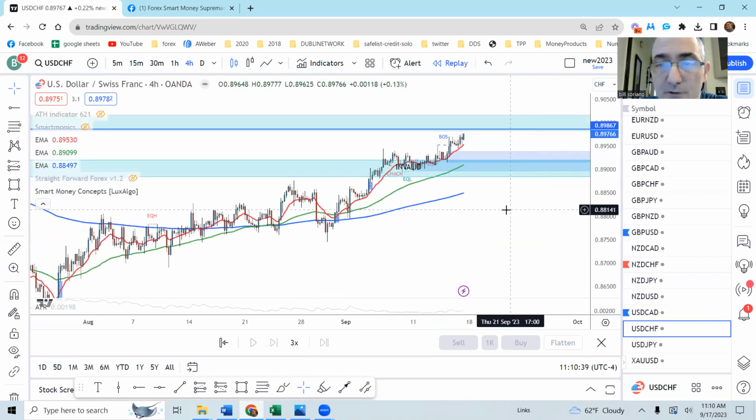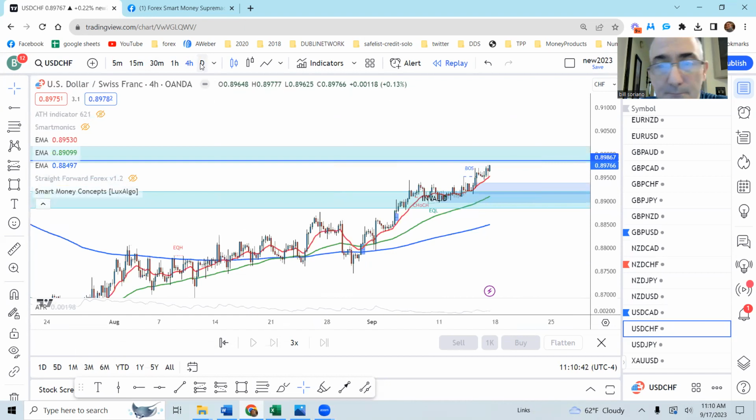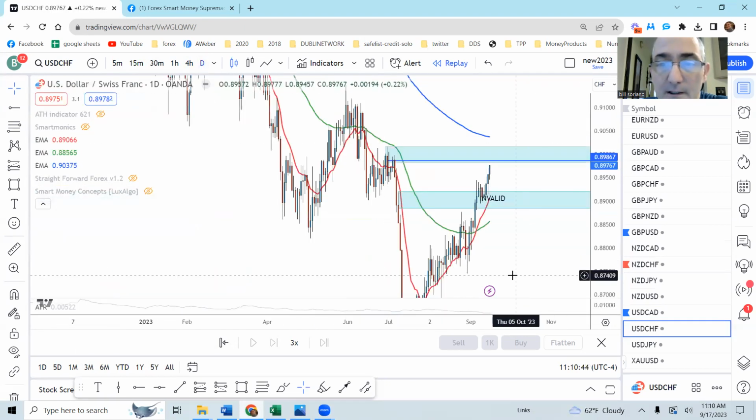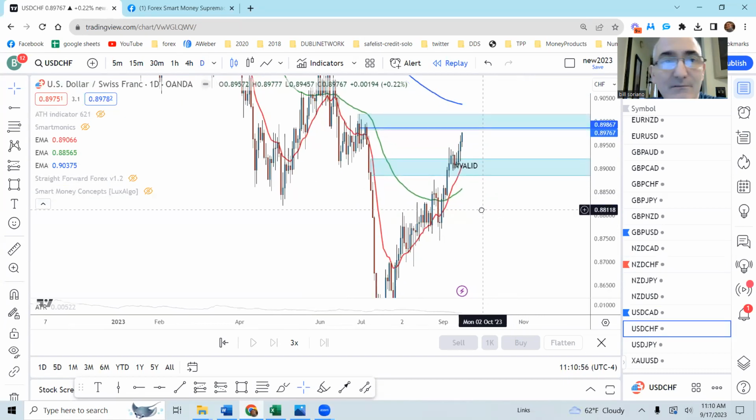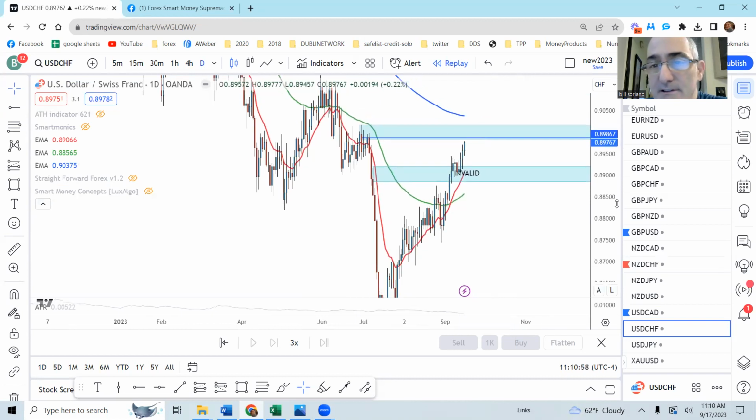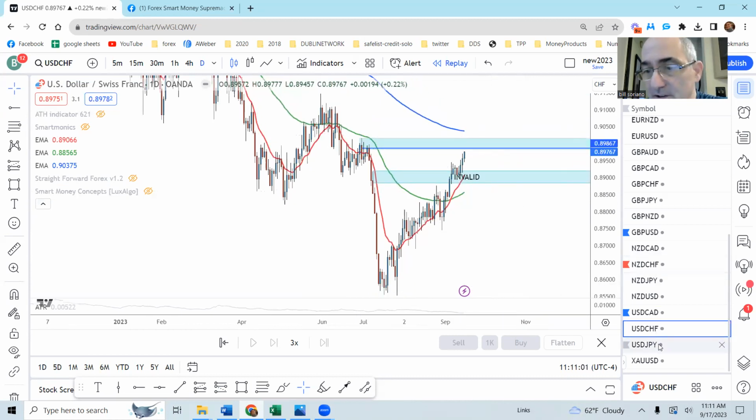So the trend is still bearish. Even though price is moving up, it needs to come all the way up to here in order to get a change of character. And so we need to invalidate this order block. And if it does, that only gives us a change of character, not a change of trend, right? So we're still bearish on this, and we're still looking for that point of interest to get hit this week.